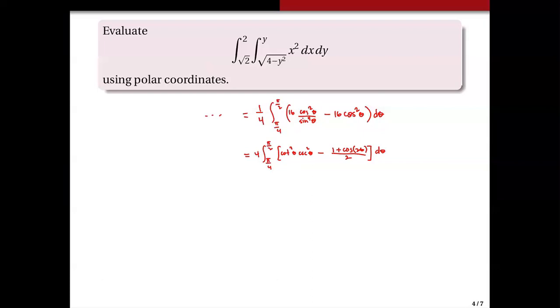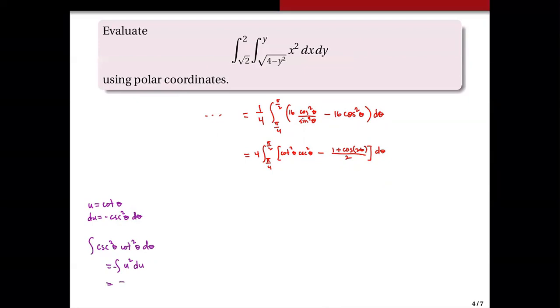So now, if we let u equals cotangent theta, du will be negative cosecant squared theta d theta. So if we integrate cotangent squared theta cosecant squared theta d theta, this is just the integral of u squared with a negative outside du.